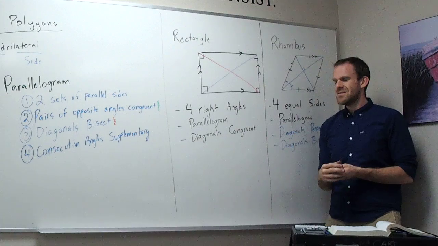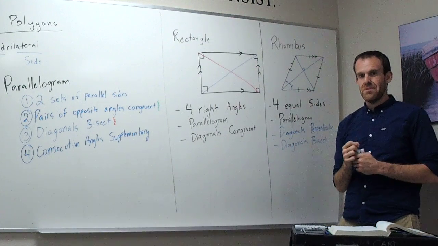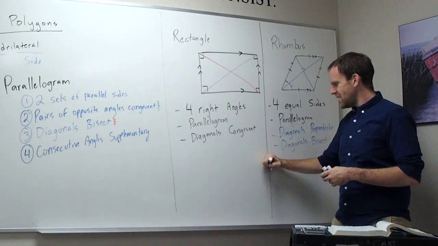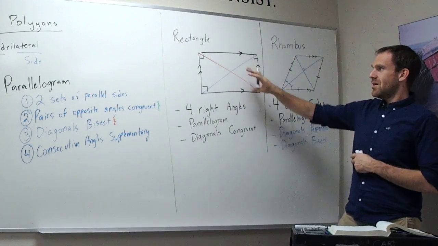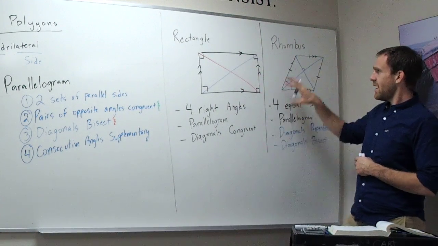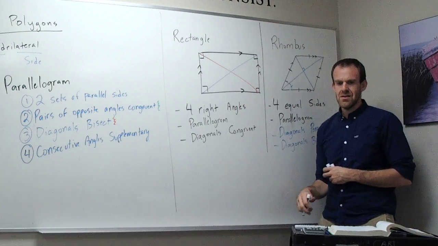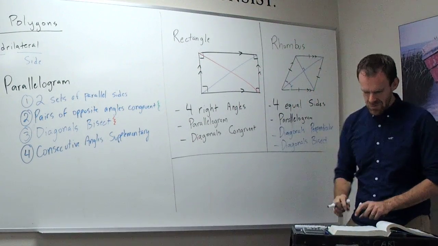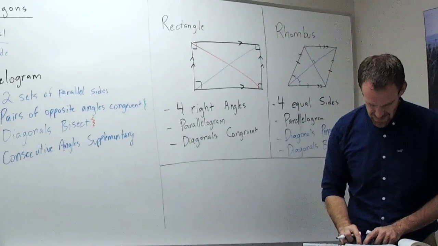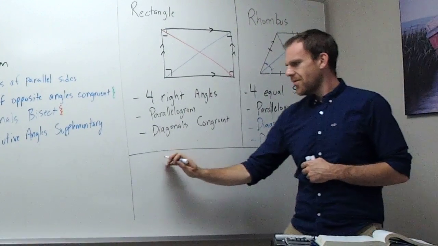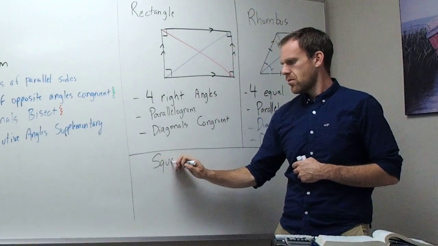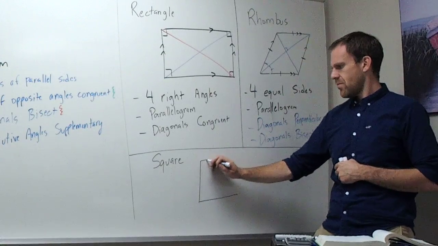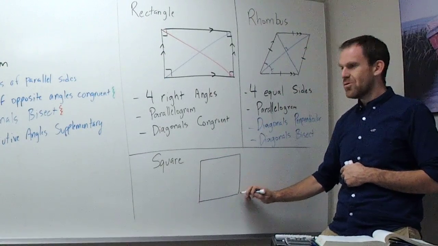Now you may notice that I have left room for one more shape, and that is the square. What's cool about a square is that it shares the properties of a rectangle and of a rhombus. How is that true? We'll zoom in for you guys. A square is a shape that is a quadrilateral.